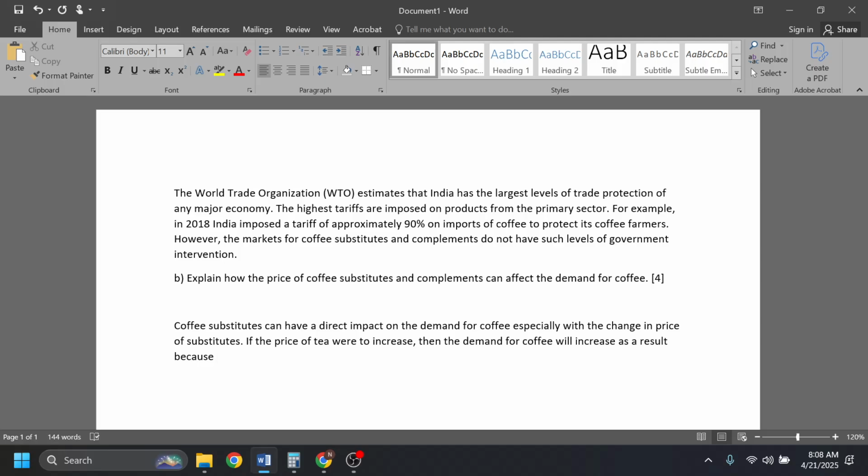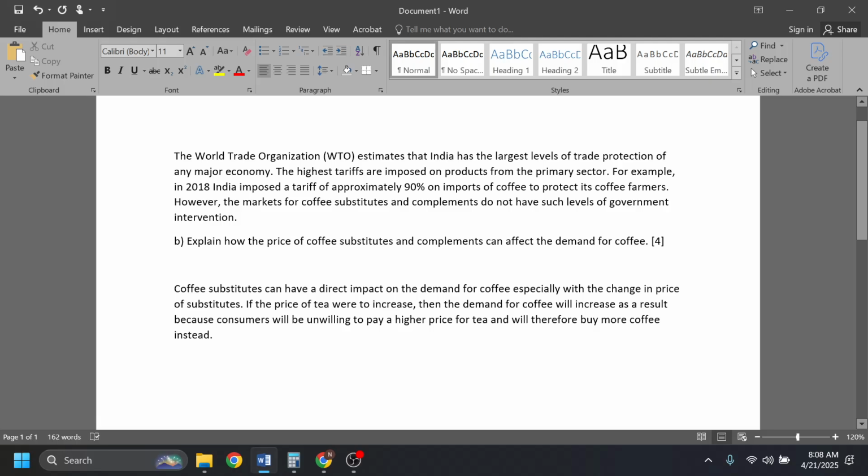Because consumers will be unwilling to pay a higher price for tea and will therefore buy more coffee instead, right? So let's analyze this answer. I feel like it is a strong answer because you mentioned the relationship between the demand for substitutes and the demand for coffee. So I think that's a pretty solid 2 out of 2.